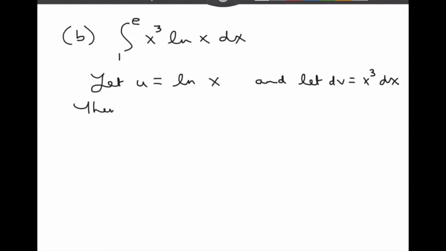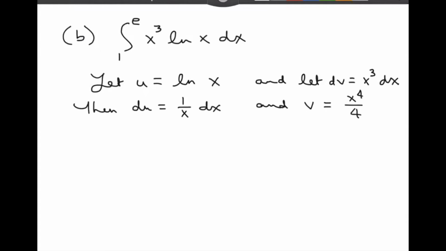So then du, again, we know how to differentiate natural log of x. That's just 1 over x dx. And the integral of x cubed dx by the backwards power rule is x to the 4th over 4.